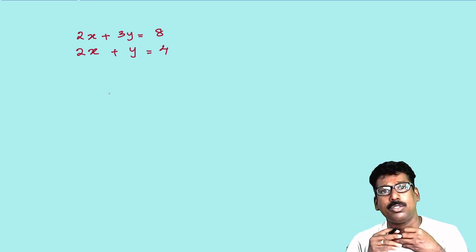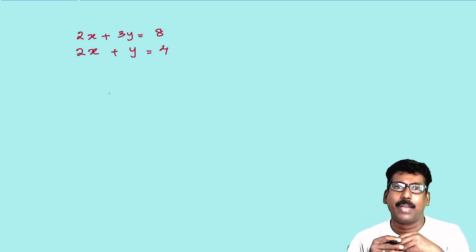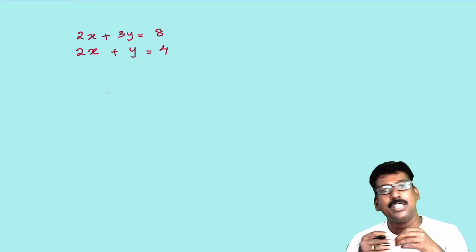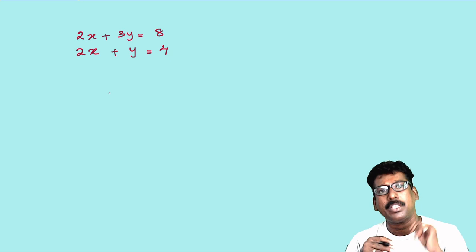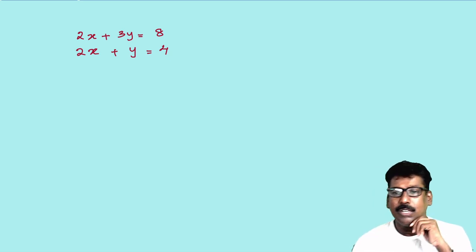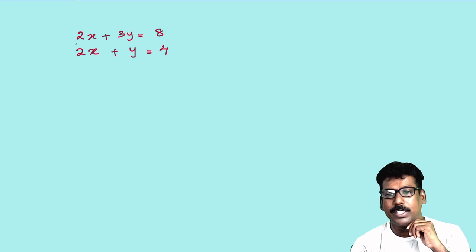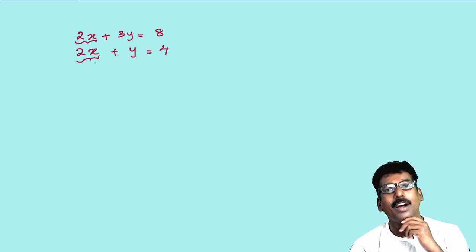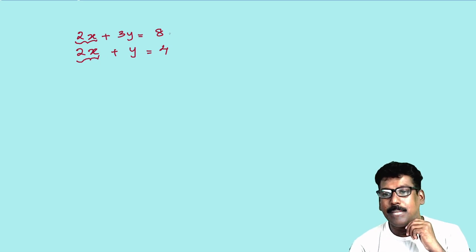Now another method I am going to introduce here. It is a very simple method compared to both substitution method and graphical method. Here you can see the first term of both equations, that is 2x, are equal. Let me take this as equation number 1 and this as equation number 2.